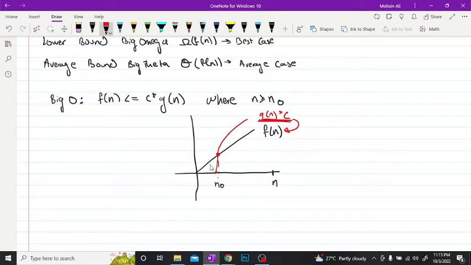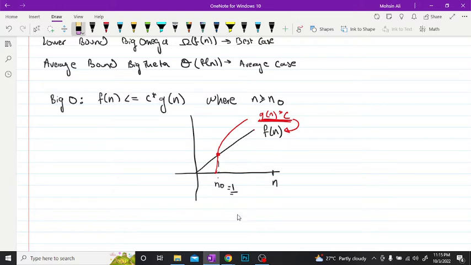So usually we try to limit this n naught to 1, but there are some types of functions where we cannot limit this to 1, and sometimes this n naught has to be 2 or 3 or 5 or 10 or something like that. But we try to keep n naught as minimum as possible.